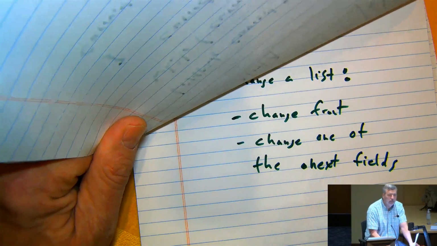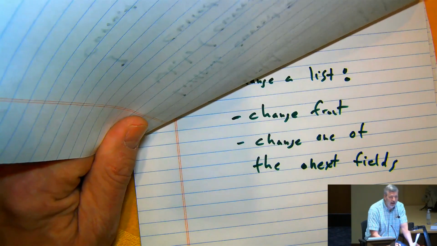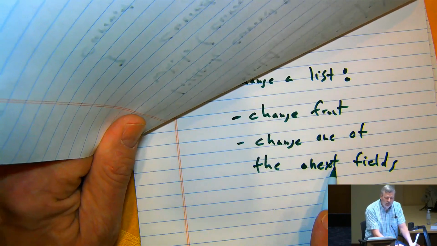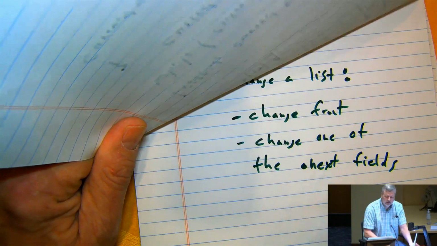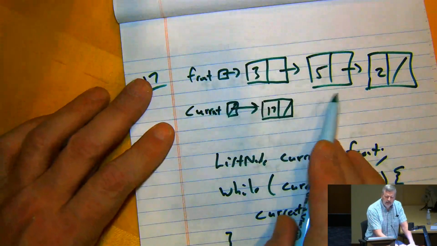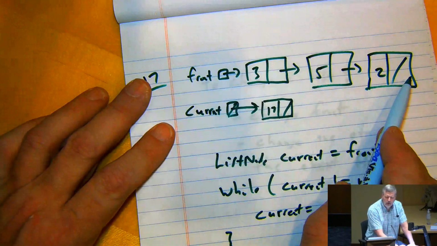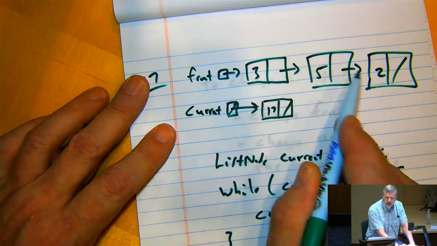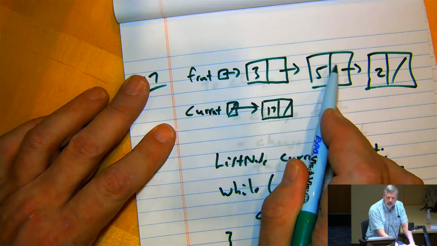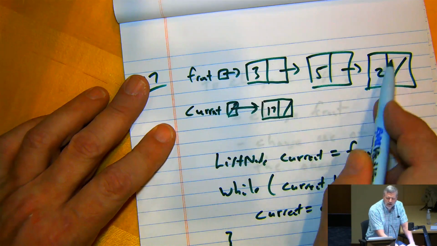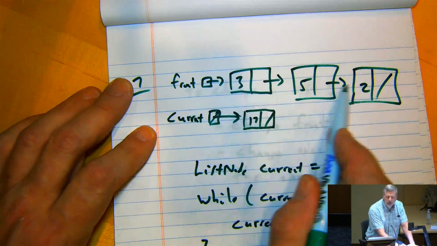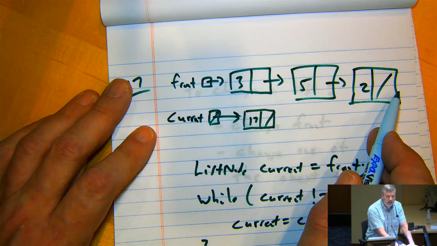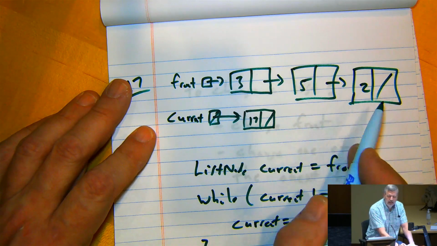I mean, it might even be something dot next dot next dot next or whatever, but there's got to be a dot next in there in order for it to be accessing one of these fields. So in this list here, there were 3 different nodes. So that's a dot next field, using my terminology. That's a dot next field, and that's a dot next field. If I changed any of those 3 things, then that would change the structure of the list. That's rearranging the structure of the list.